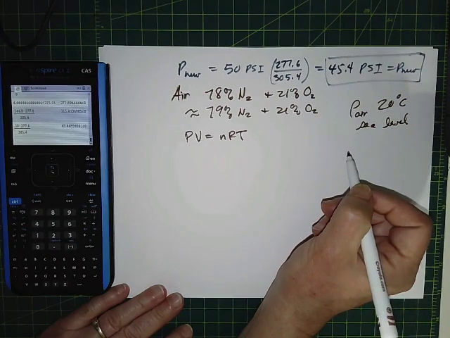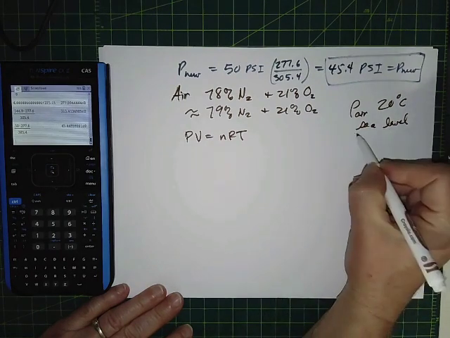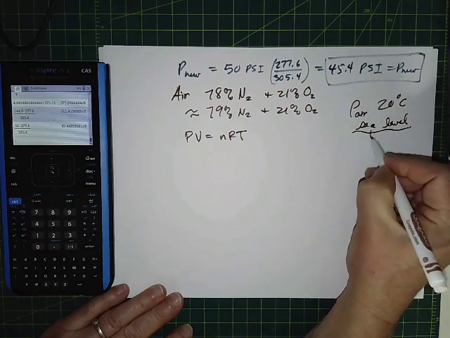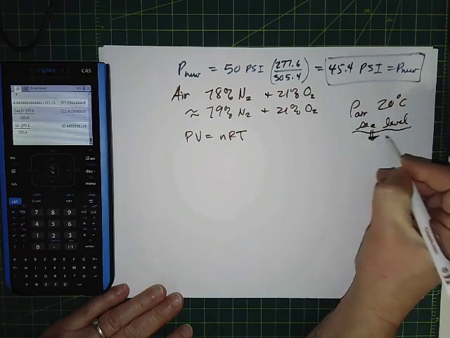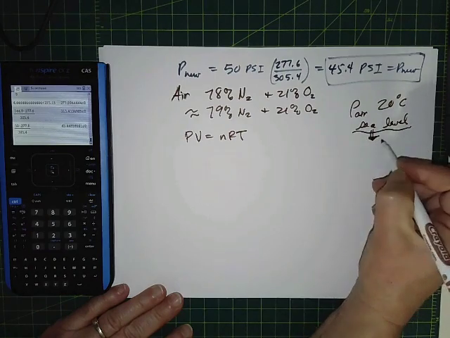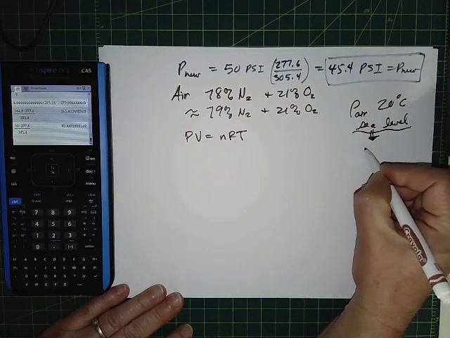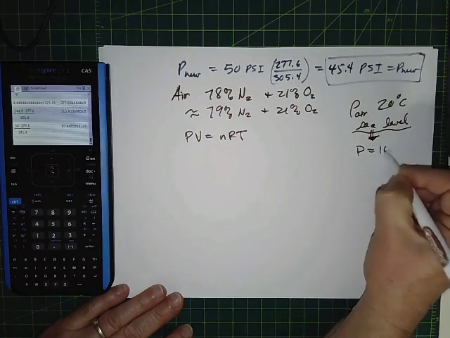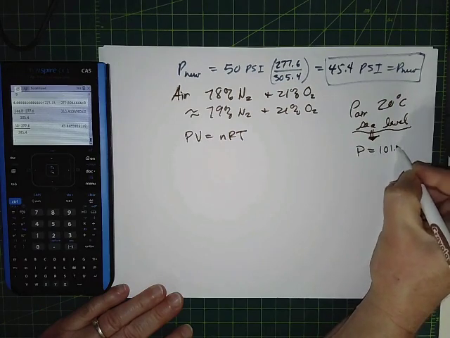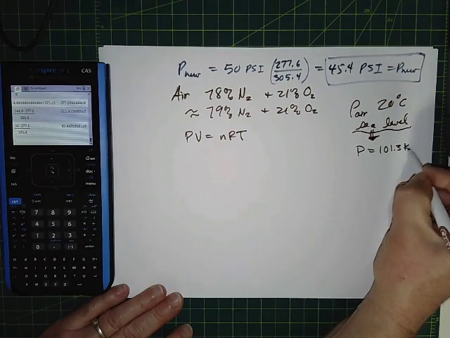So let's see, what do we know? Well, we can use sea level to tell us. That's kind of where we define atmospheric pressure. 1 atmosphere, or normal atmospheric pressure, is at sea level, and so we'll say that the pressure is 1 atmosphere, which is 101.3 kilopascals.